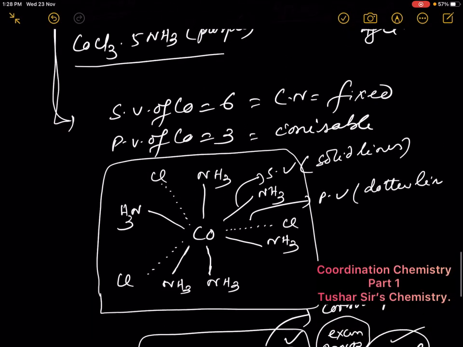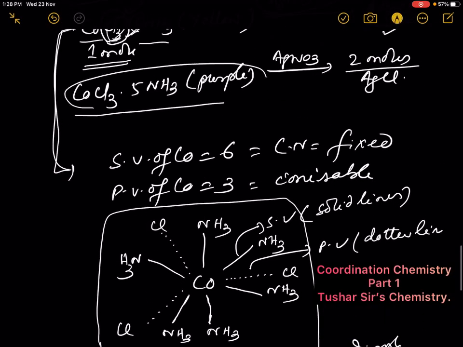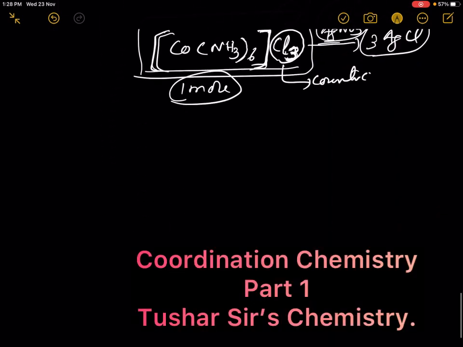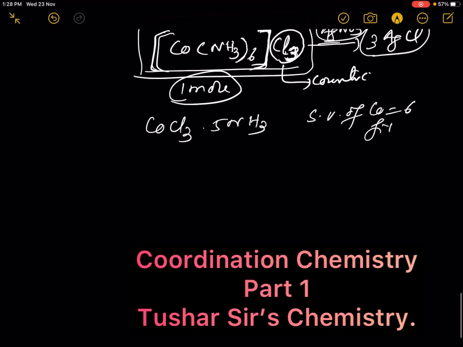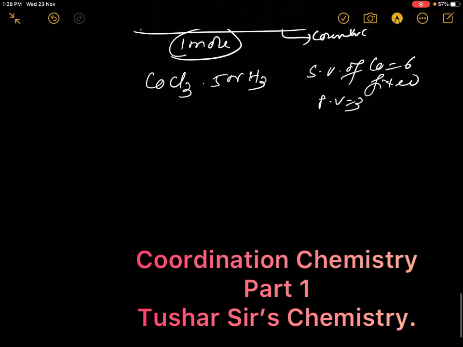But in case of CoCl3 5 ammonia, what happens? Let me write again, CoCl3 5 ammonia. You know the secondary valency of cobalt is 6, that is fixed, and primary valency is equal to 3. So we have to draw 6 solid lines. Why? Because the secondary valency of cobalt is 6, fixed.